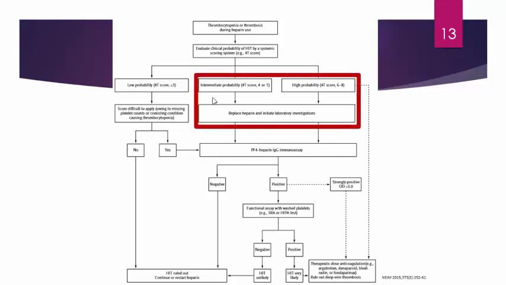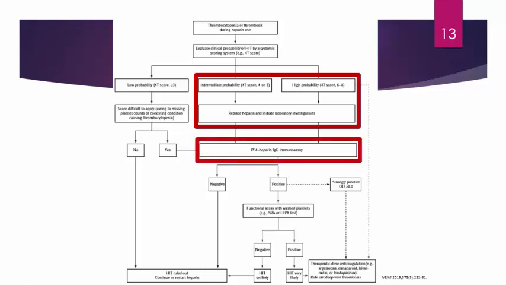So if your score is 4 or 5, or 6 to 8, so essentially 4 or more, at that point you'll want to replace the patient's heparin with another anticoagulant that's a non-heparin moiety, and initiate your laboratory investigations with a PF4 heparin IgG immunoassay.